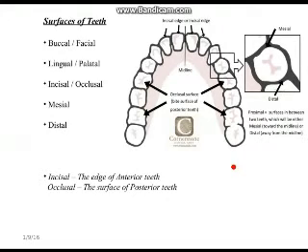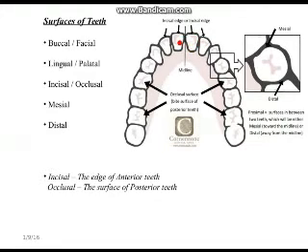Now this is an interesting one. When you run your tongue around your teeth again, but this time on the edges of the teeth, you can see that the anterior teeth have a sharp edge, like a cutting edge, and the posterior teeth have a surface to grind food and everything. In the anterior teeth, that sharp edge is called the incisal edge.